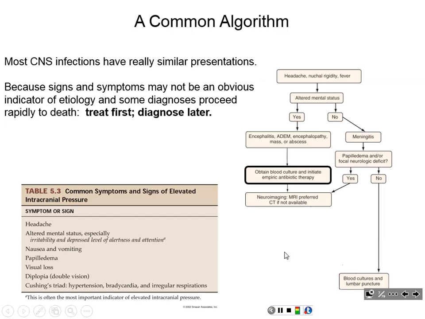So our first course of action is going to be to obtain blood cultures to help us identify organisms later, maybe proceed on with neuroimaging and lumbar puncture, but then to go ahead and start empiric therapy, just in case this is one of those patients where if you don't start empiric therapy within 30 minutes, that patient has a really poor prognosis.